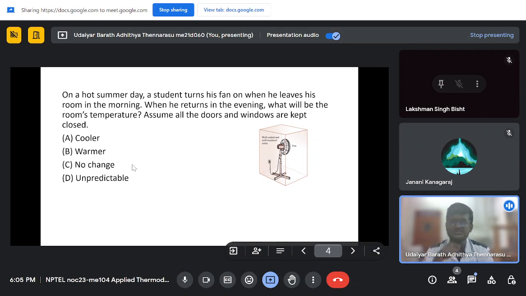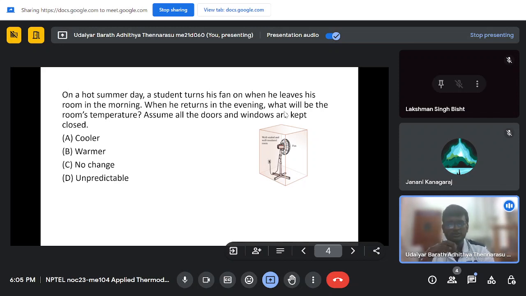So next question is, on a hot summer day, a student turns his fan on when he leaves his room in the morning. When he returns in the evening, what will be the room's temperature? The assumption is that all doors and windows are kept closed.